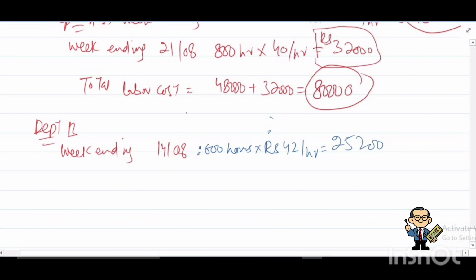Clear? Now in another weekend, which is week ending 21/08, the hours consumed were 280, and the rate was the same, 42 per hour.